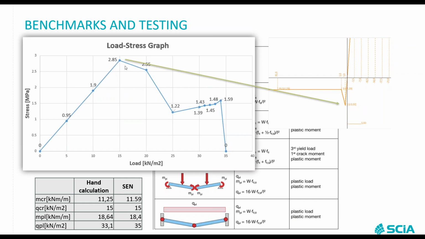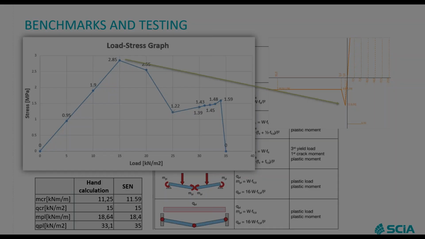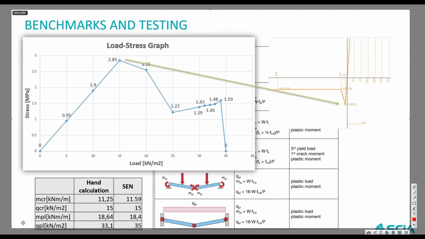So we are here, and then if we move in the load, it's already mentioned that 15 gives us the cracking moment. After 15, the cracks will start to appear.